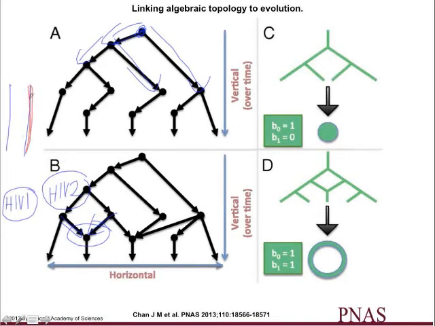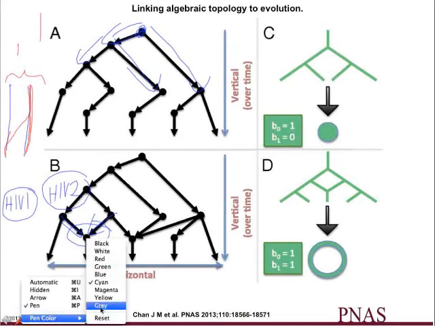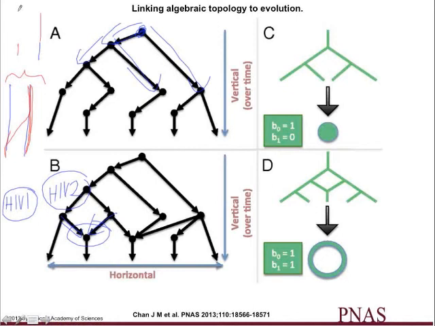Well, if both of these are within your cell, you can get recombination between these. And so you might get recombination where you've got the red here and the red here, and the blue and the blue here.